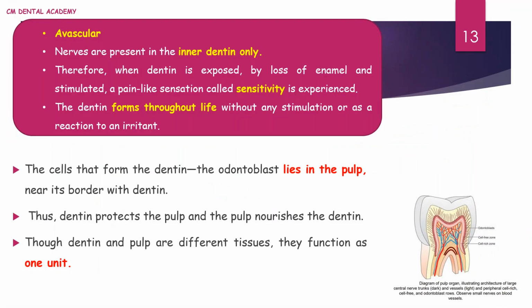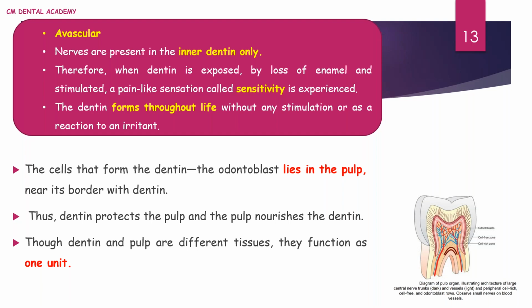Dentine is also avascular. There is no blood supply to it. But nerves are present in the inner dentine, meaning the dentine which is close to the pulp has the nerve innervation. Therefore, whenever the dentine is exposed by loss of enamel and stimulated, there will be sensitivity. But unlike enamel, dentine forms throughout life, without any stimulation or as a reaction to an irritant.